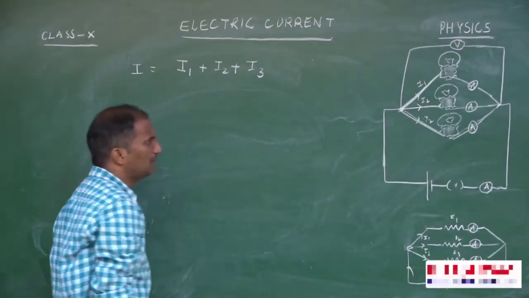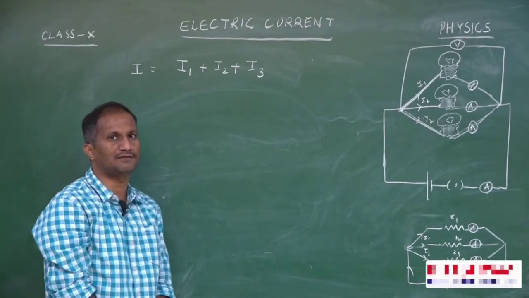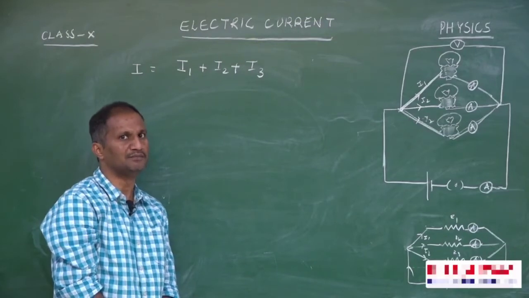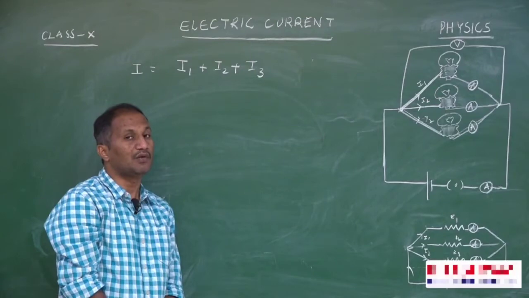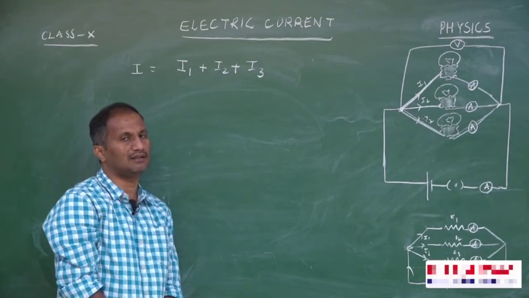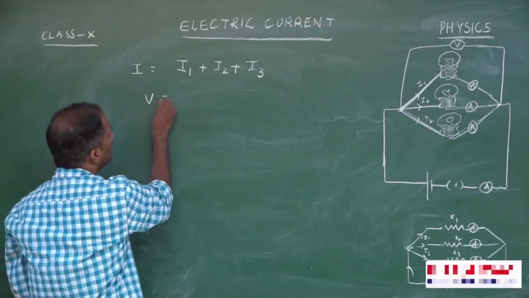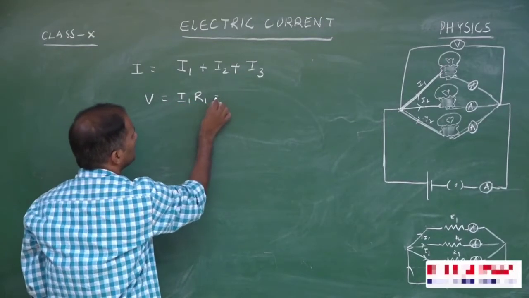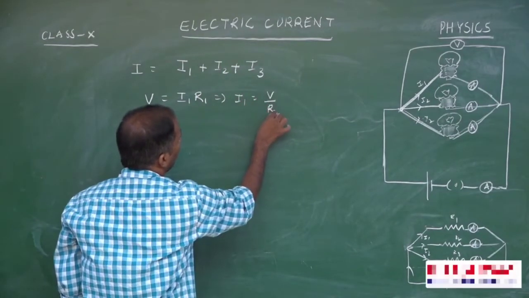Now we are going to calculate the total or resultant resistance offered by all three bulbs in a parallel combination. By using Ohm's law, the potential difference at the first bulb is V equals I1 into R1. From this we can calculate I1 equals V by R1.